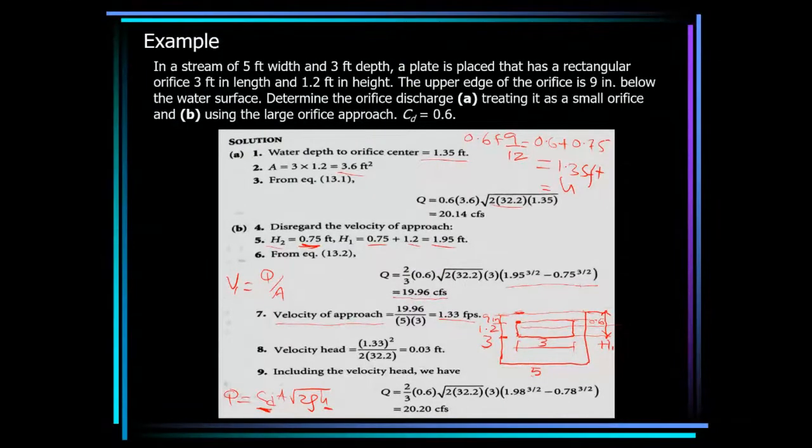For the velocity of approach, we then calculate the velocity head, which is simply V squared over 2g. Now we include the velocity head.